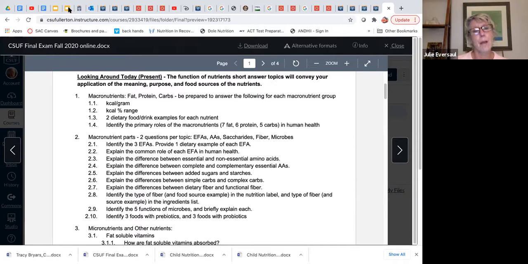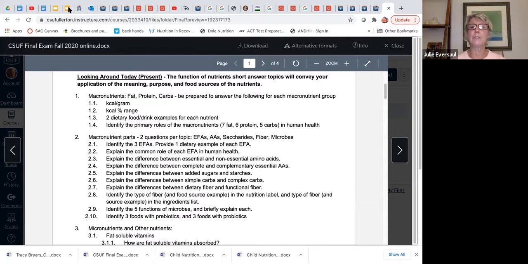2.7, explain the differences between dietary fiber and functional fiber. I like to refer to functional fiber as Frankenfiber. Identify the type of fiber and food source example in the nutrition label. You've got to know how to read nutrition labels because it is referenced there. And type of fiber and source example in the ingredients list. The hint is we've got two types of fiber.